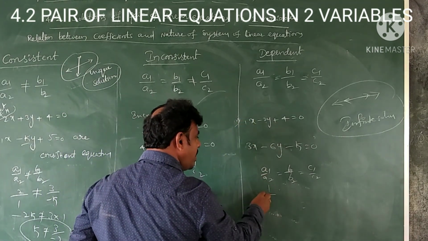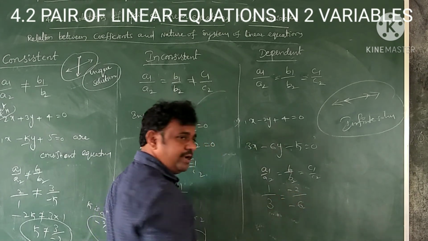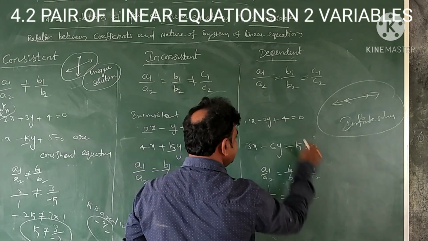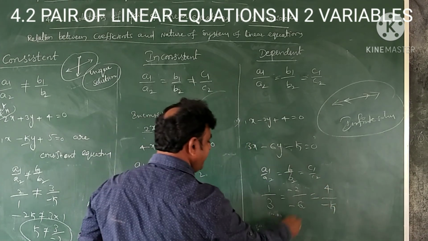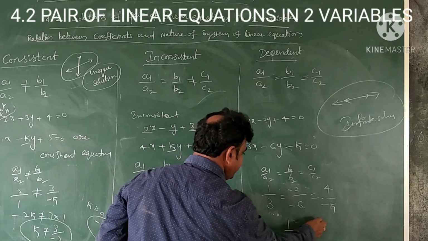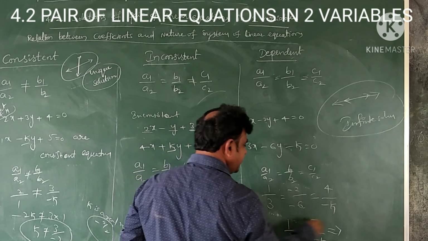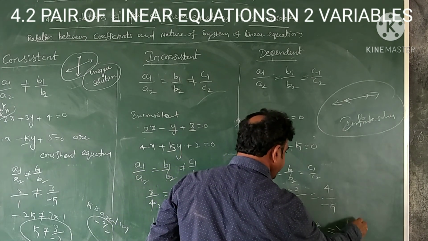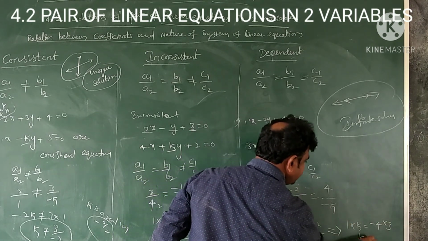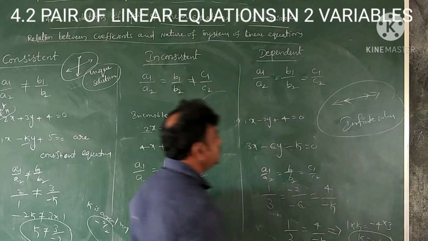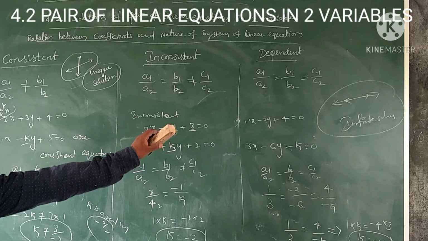Where a1 is 1, a2 is 3, b1 is minus 2, b2 is minus 6, then c1 is 4, c2 is minus k. So 1 by 3 equal to 4 by minus k. This means 1 into k equal to minus 4 into 3. K is equal to minus 12. This represents a pair of linear equations in two variables.